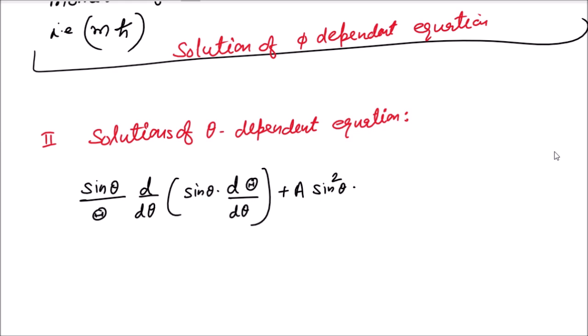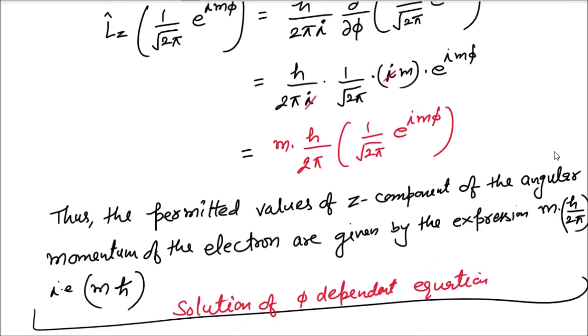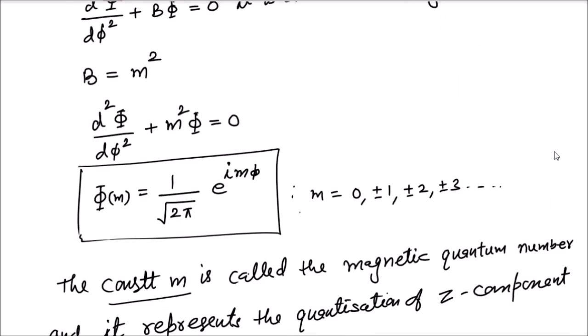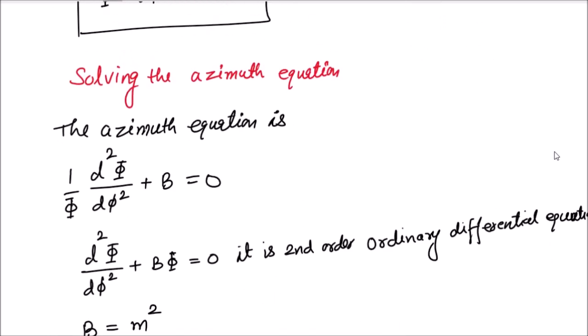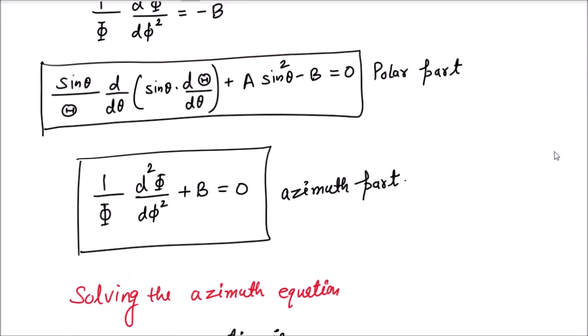Now b is actually minus b, so it becomes minus m square equal to 0. See, instead of b we write m square, because b is taken as m square.